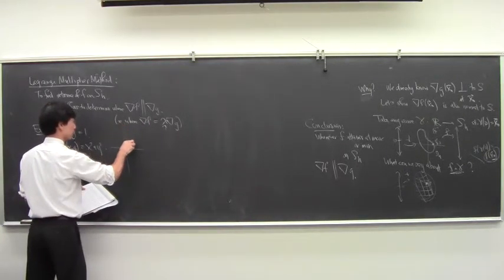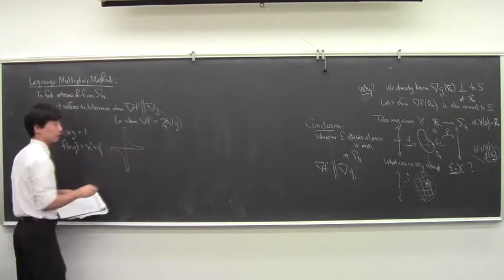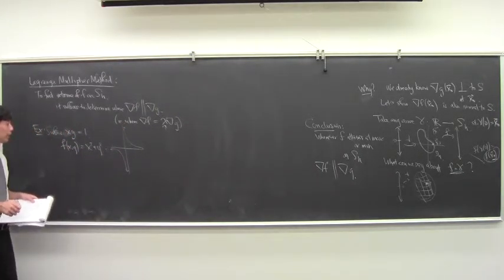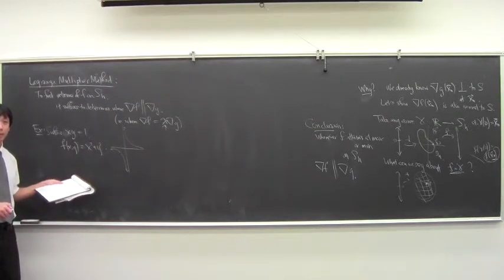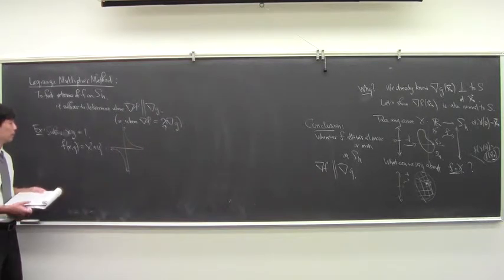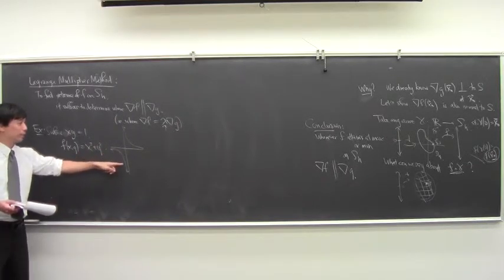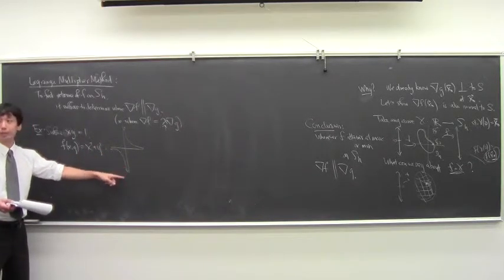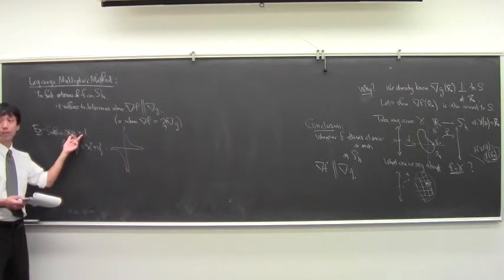It looks like this. You have this other function, and you're wondering where it's maximized or minimized. You can sort of tell by looking at it that it's not going to have a max, because as you head farther and farther away, you're just going to get larger and larger numbers. So really, what we're looking for is where this function is minimized when constrained to the surface.